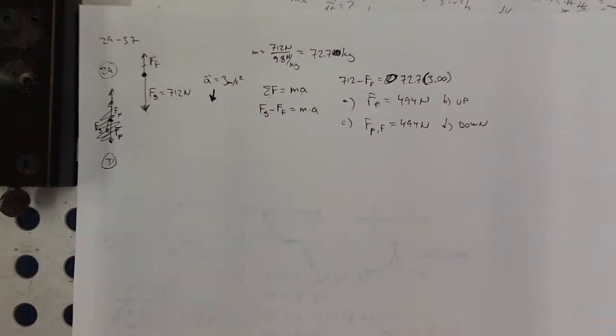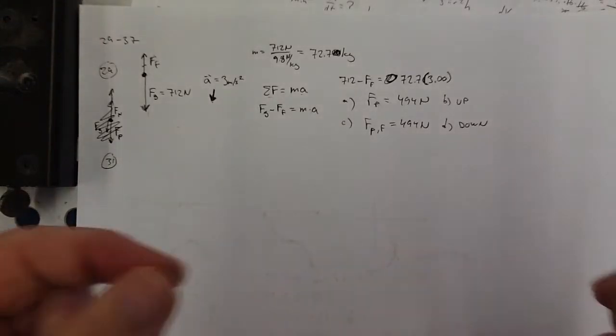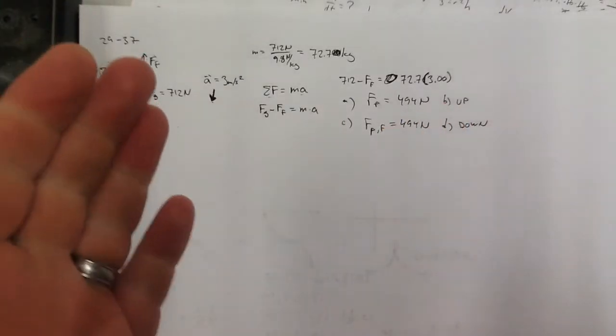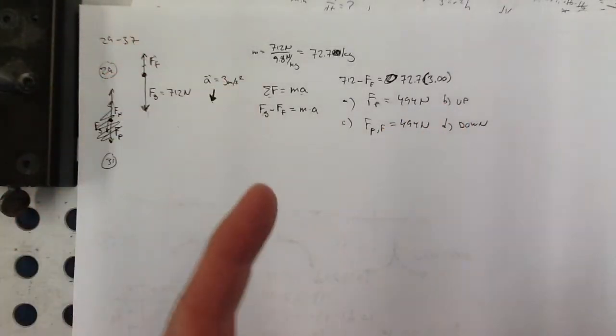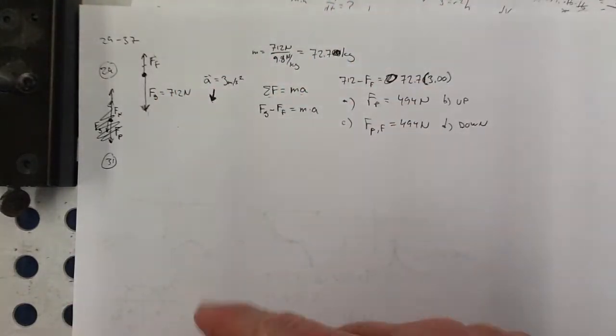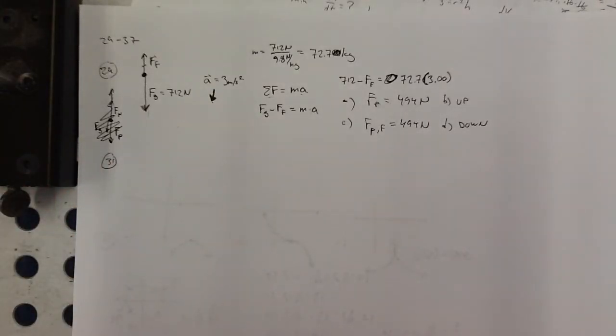The answer is no, because those equal opposite forces are on different objects. We have force of pole on firefighter, and force of firefighter on pole. Those are on two different things, so they show up on two different force diagrams. They do not cancel each other out.